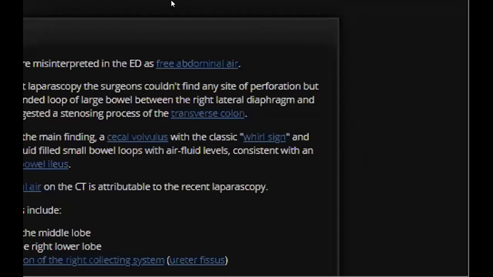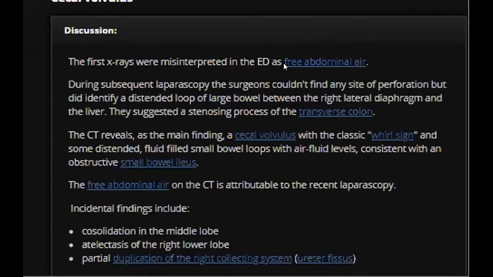There will be some discussion about the volvulus. The most important thing you should comment on is the free intra-abdominal air, to exclude any perforation. They say also the good thing is that you can see the whirl sign, as you saw, and there are also some fluid levels.